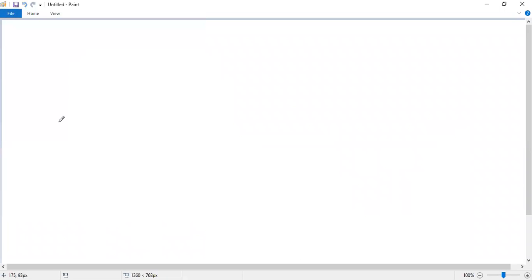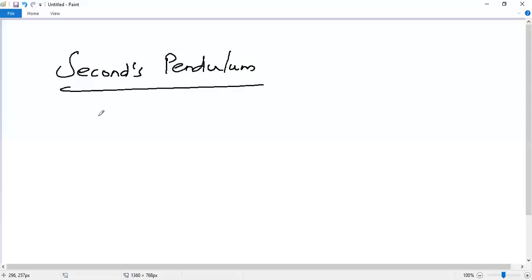Okay, next one, that is the seconds pendulum. It is a special case. Same formula only. I just rewrite: L equal to T square g divided by 4 pi square.